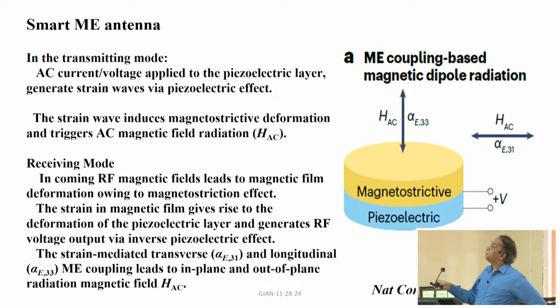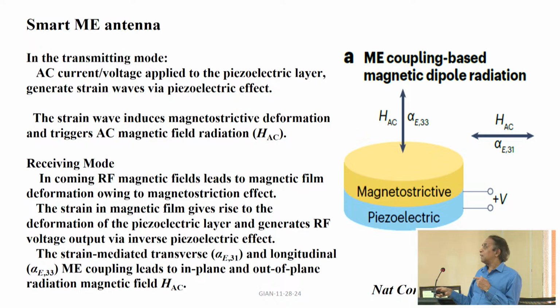So, it will induce a change in the magnetic property, it can be either magnetization or a change in the magnetic anisotropy, but the input is an AC electric signal. The output here is an AC magnetic radiation. So, it will radiate in the form of magnetic waves, that becomes an antenna. So, it becomes a transmitting antenna.